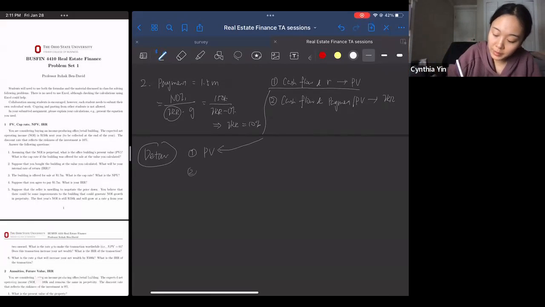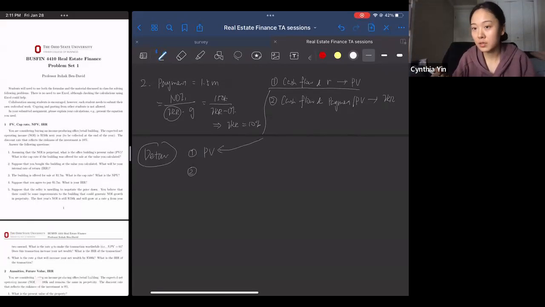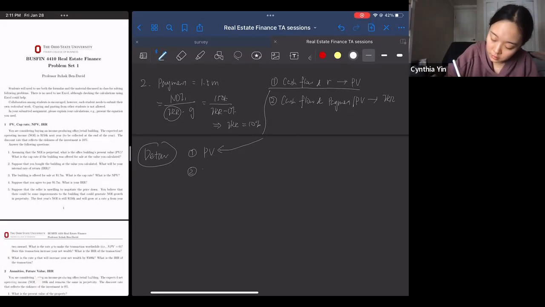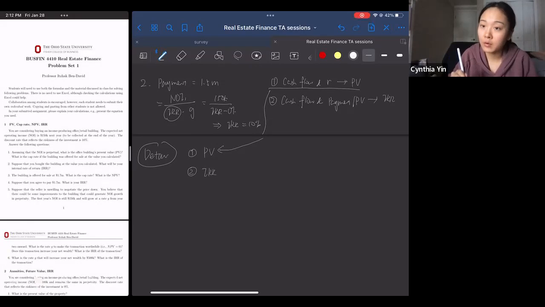Another way to compare is by comparing return. Suppose one project gives you 10%, the other gives you 20%, then which one is better? Of course it's the 20% one. So to compare return, you're basically comparing IRR. Suppose you have $100 that you want to invest in any of many projects, and they will give you some IRR, some cash flow, and you want to know, by investing $100, how much return you can get.